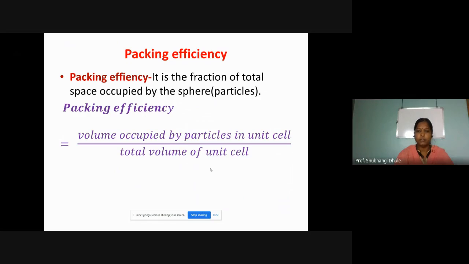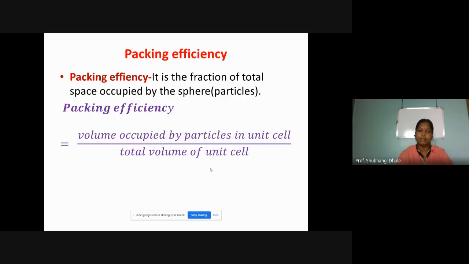What is meant by packing efficiency? It is the fraction of the total space occupied by the spheres. In the unit cell, the volume of the unit cell is fixed because it has a geometric shape, and how much is occupied by spheres concerns the volume occupied by the particles in the unit cell.